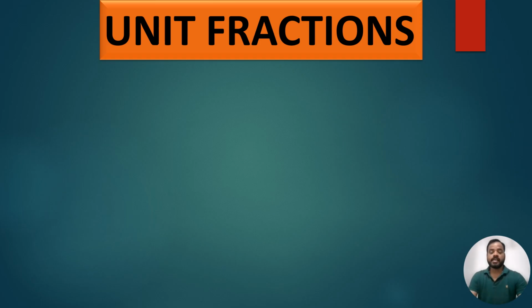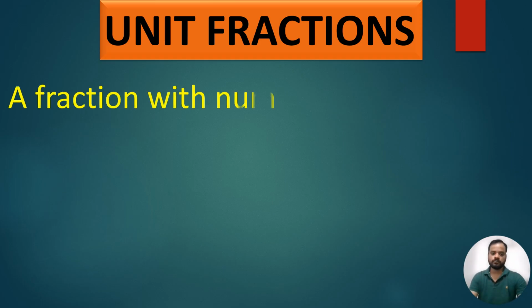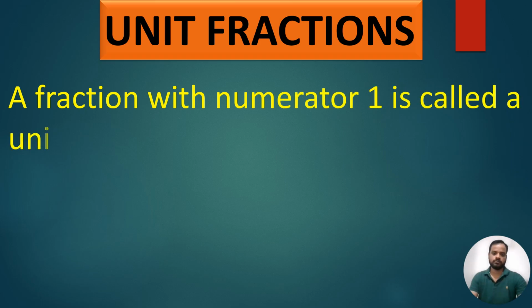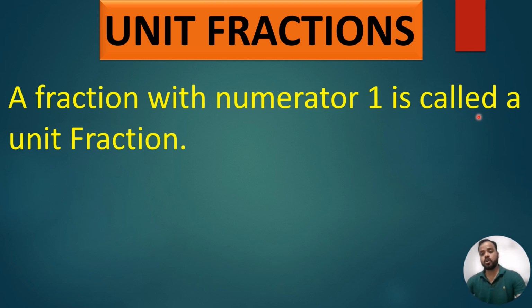Next, we will understand what are unit fractions. A fraction with numerator 1 is called a unit fraction. So if the numerator of a fraction is 1, we will call it a unit fraction. So let us go through the example.